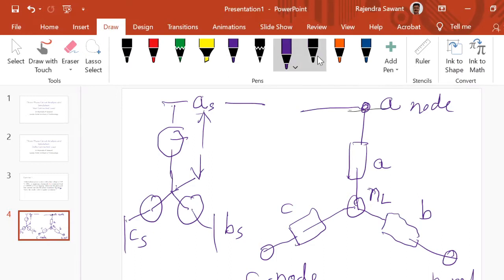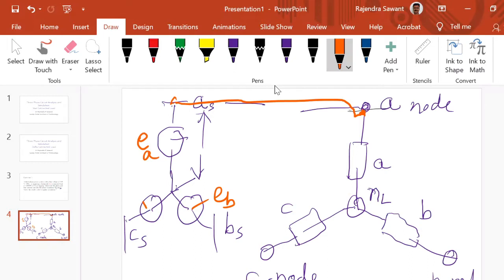So now we are supposed to connect this A phase here to the load. This A phase voltage, let us call it as EA, EB and EC. So EA is connected to the phase A here at the load, and this line we shall be calling the A line, whose current is said to be IA, and the second is the B phase.